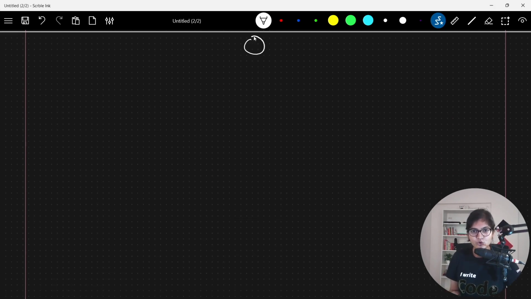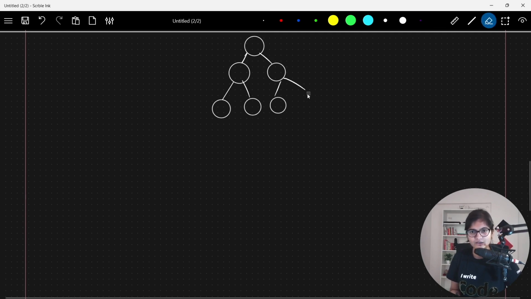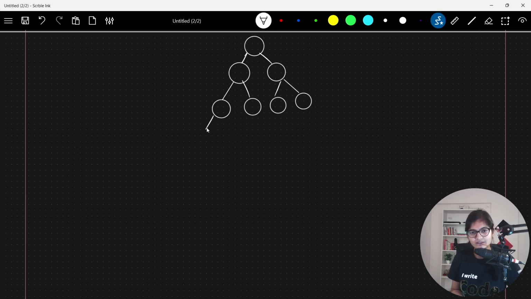So here suppose we have a root node, and after that we have this kind of a tree structure. Okay, so this is the structure of the tree that we have. Fine.